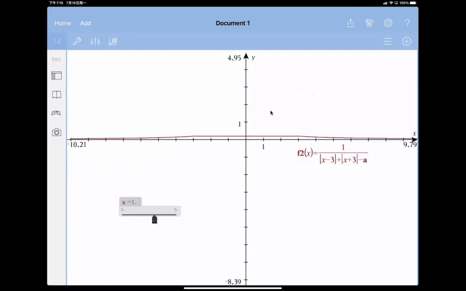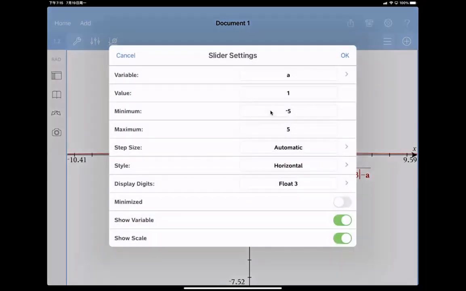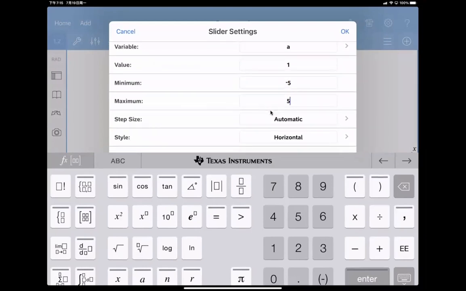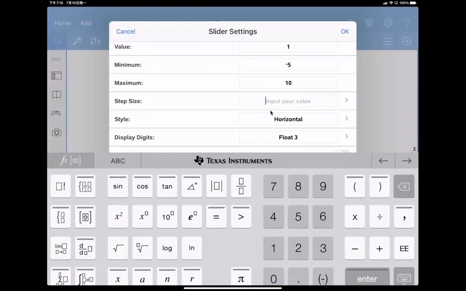Let's try to use other different values. Settings. Let's say the minimum is minus 5. The maximum, let's say 10. Step size, let's say is 0.25. Okay.